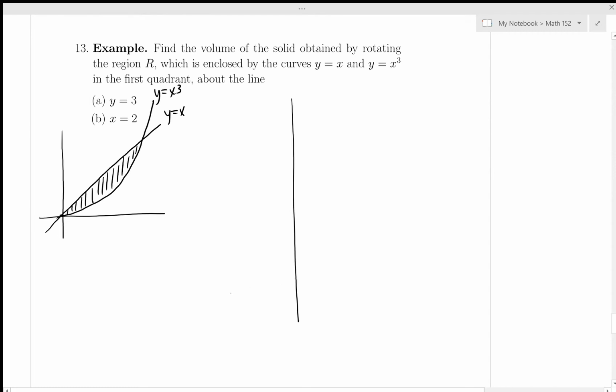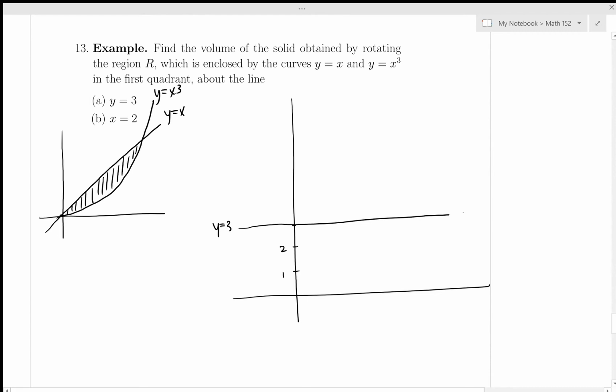Here is the x-axis. Here is the line, 1, 2, 3. Okay, and here is my region. This is 1, this is 1, 2, and this is y equals 3.